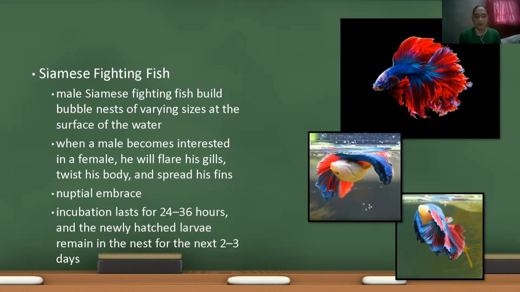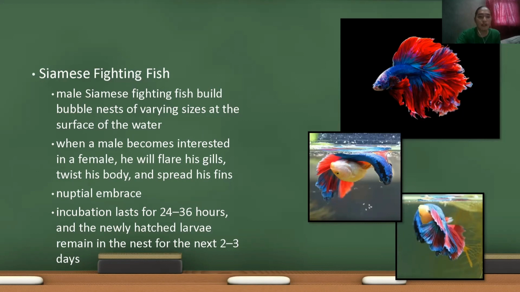The act of spawning takes place in a nuptial embrace. As you can see in the picture, here is the nuptial embrace where the male wraps his body around the female, each embrace resulting in a release of 10 to 40 eggs until the female is exhausted of eggs.